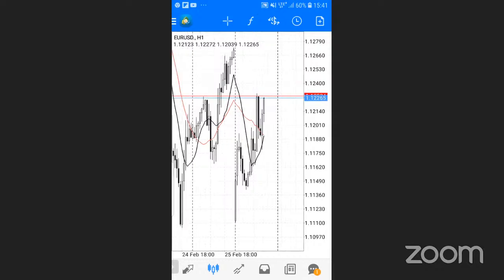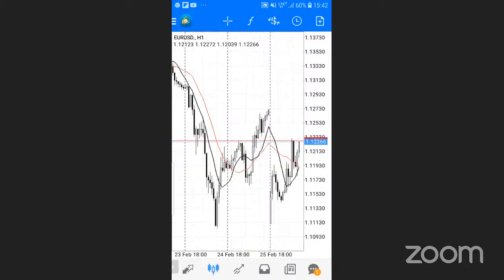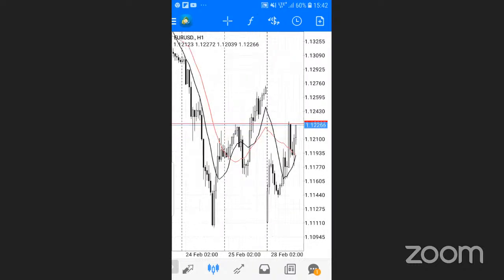Now, moving average works in a way that if you are using period 5, it means the last 5 closing prices of 5 candlesticks on that time frame are what the moving average is calculating for you, and it gives you the direction for that period of time.